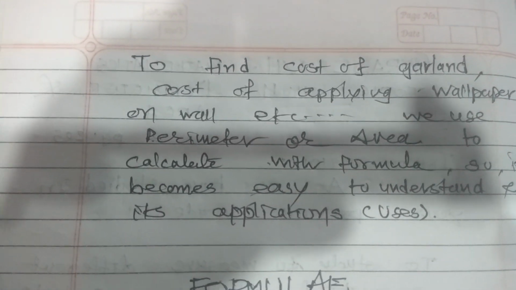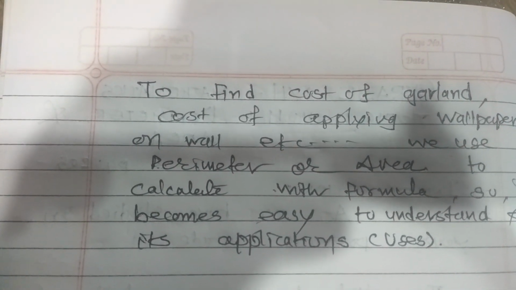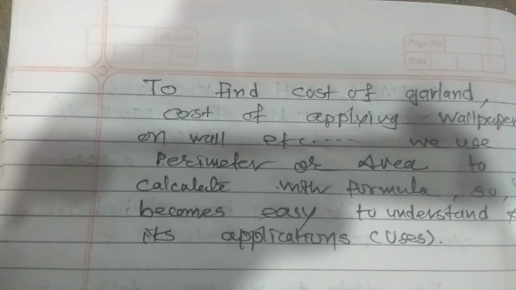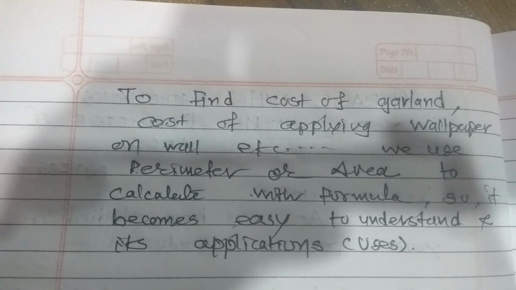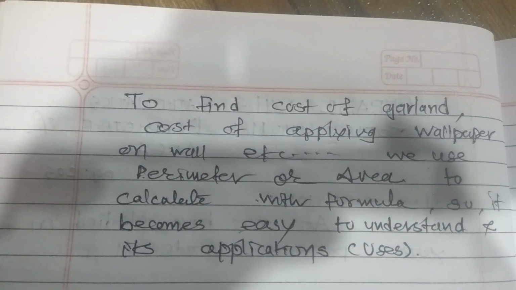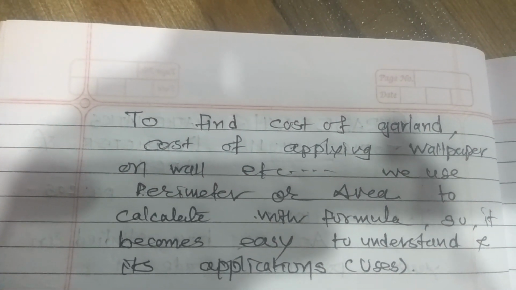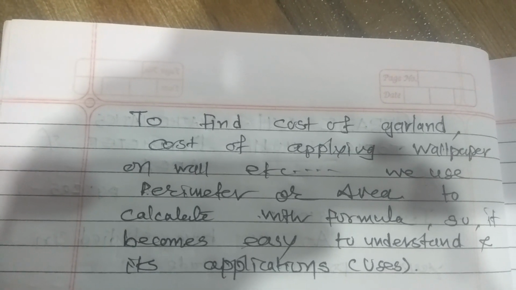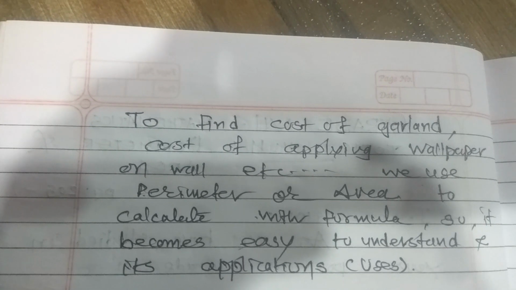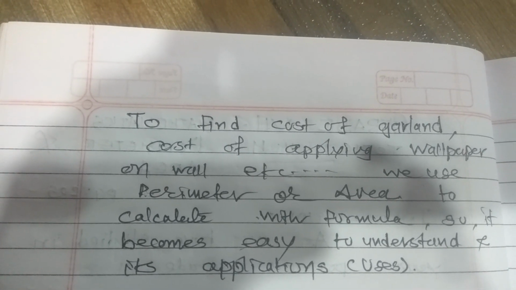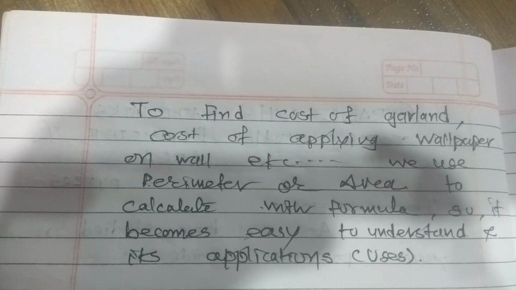Also we have to apply the formula for applying tiles on a room, to find the cost of garland, the cost of applying wallpaper on the wall, etc. In all these applications we use perimeter or area to calculate with the formula, so it becomes easy to understand its application, means uses.